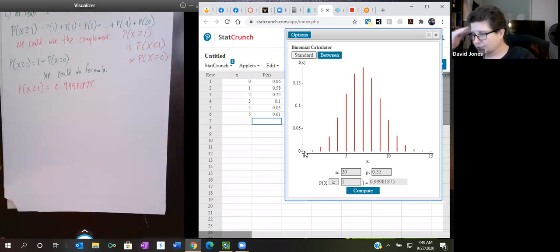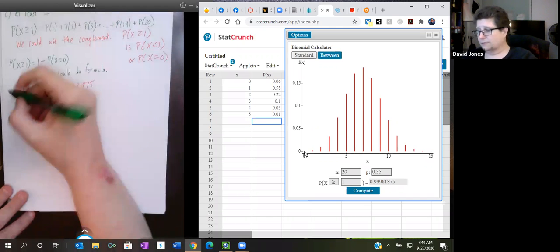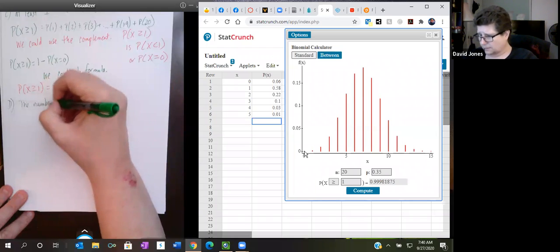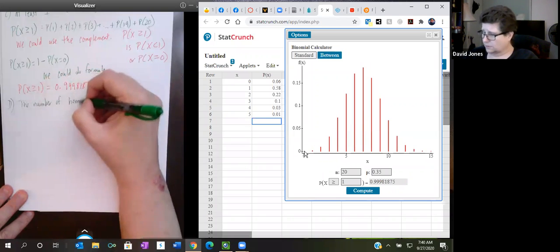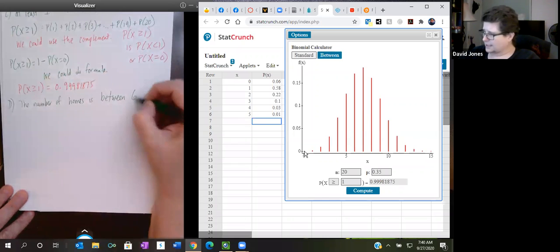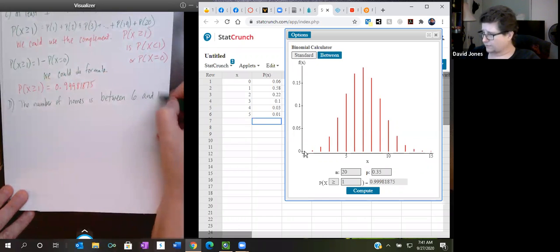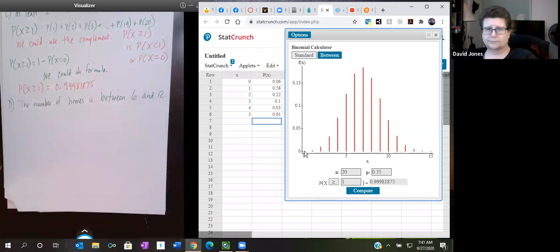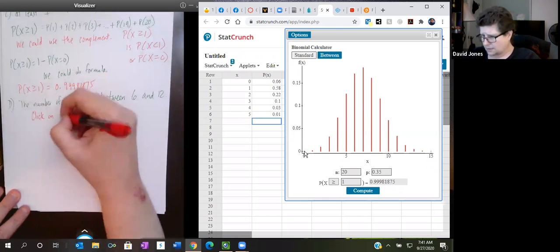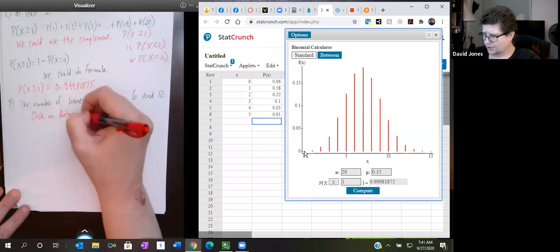And if we want to do, let's say, the number of homes is between 6 and 12, click on between in StatCrunch.